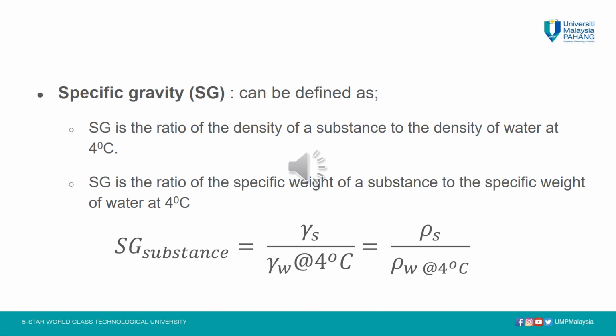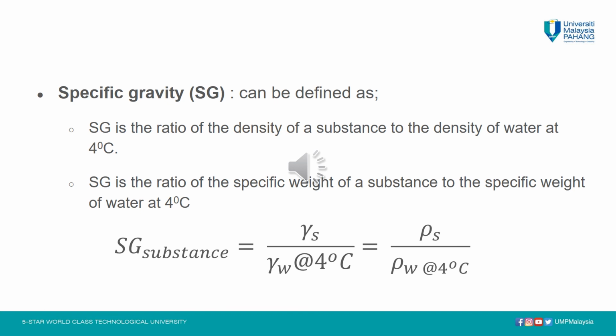Then specific gravity can be defined in either of two ways: specific gravity is the ratio of the density of a substance to the density of water at 4 degrees C, and specific gravity is the ratio of the specific weight of a substance to the specific weight of water at 4 degrees C. This definition for specific gravity, Sg, can be shown mathematically as the equation, where the subscript s refers to the substance whose specific gravity is being determined and the subscript w refers to water.